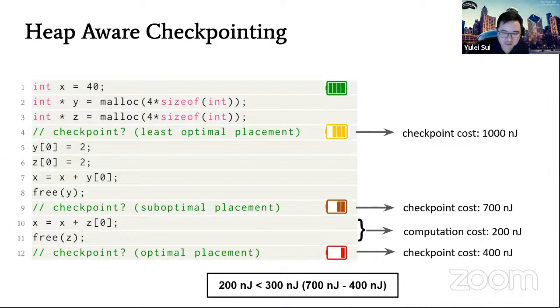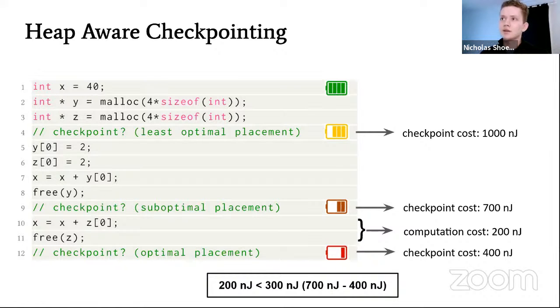But I guess there's a need for runtime monitoring as well. You have to constantly monitor the energy to make sure there's enough energy that you can reach an optimal checkpoint place, right? Yes, we're thinking about combining static analysis with existing runtime models, because you can measure the length of these pulses of power.